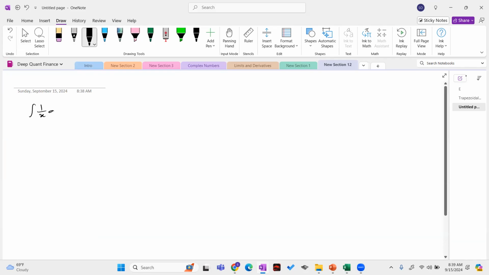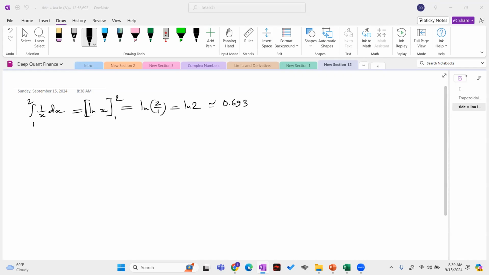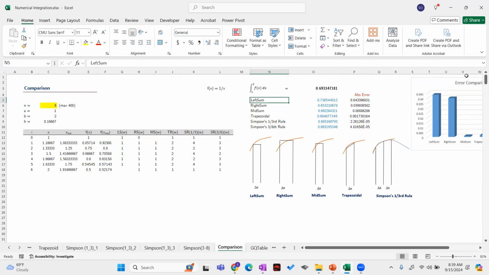Integral 1 by x dx from 1 to 2 is equal to log x from 1 to 2, log 2 minus log 1, which is log 2. And please remember, log 2 is 0.693. This is an important value, so we need to remember.